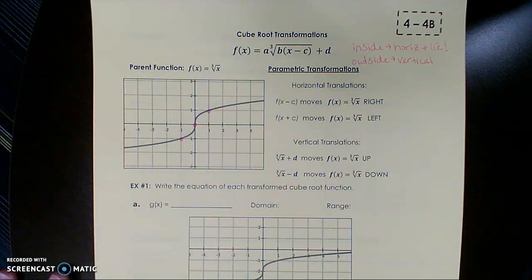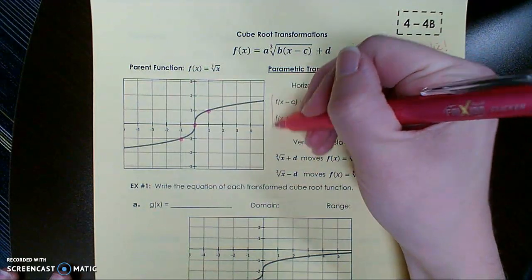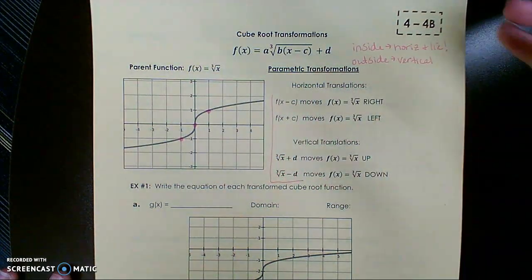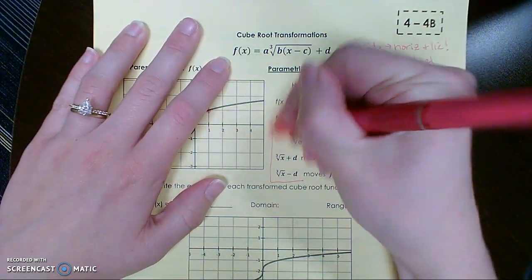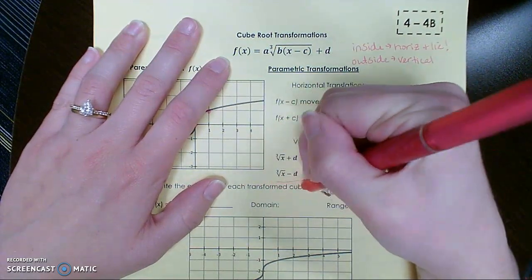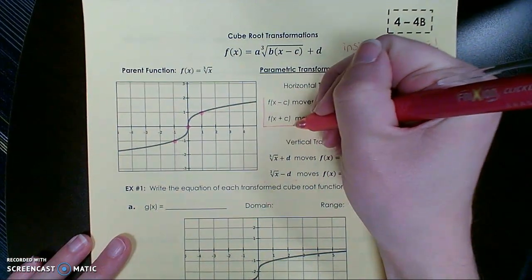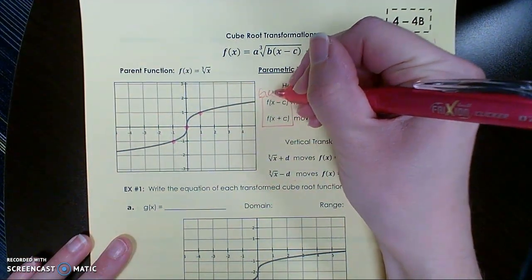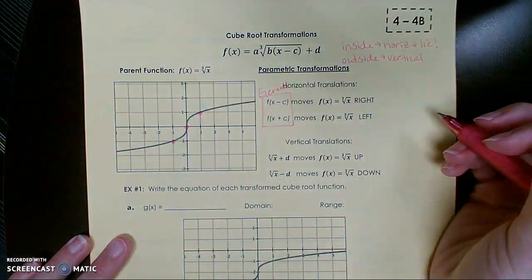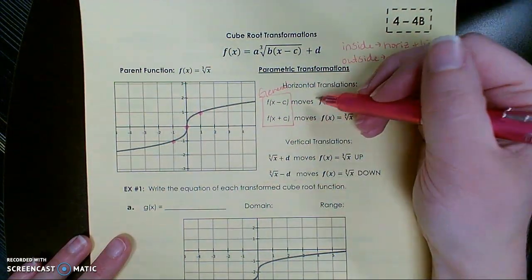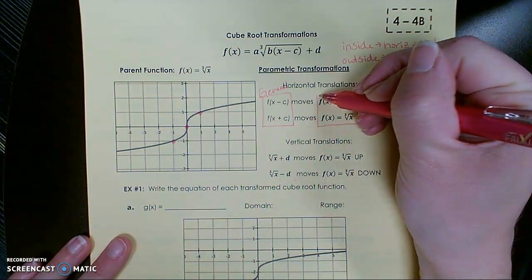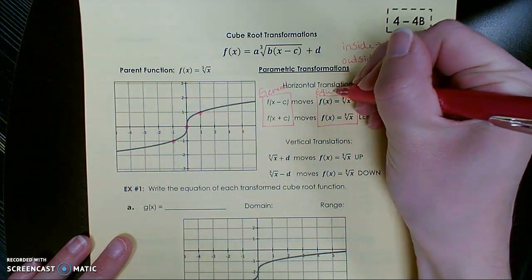Something else that you might want to recall from the last lesson is that this right here is kind of the general format for showing these transformations, but this is the more specific equation.